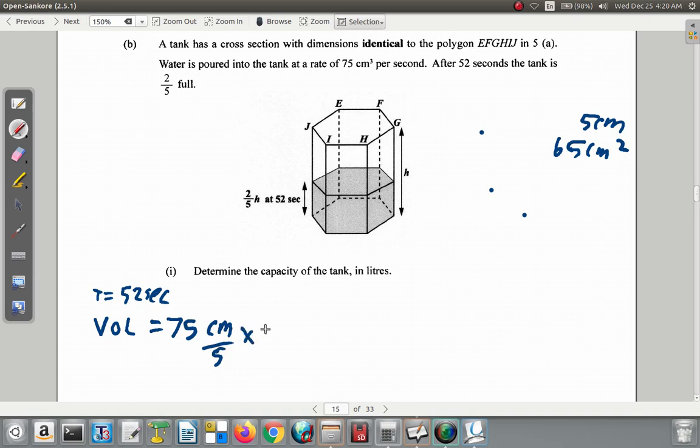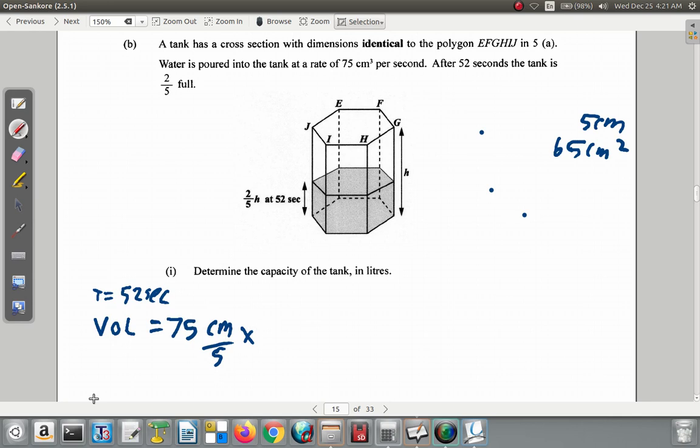If you multiply, because 1 second 75, 2 seconds another 75, which would be 150. So if you want to find the volume, you multiply that 2 by the 75. So you apply the same principle here. Multiply the time by 75.